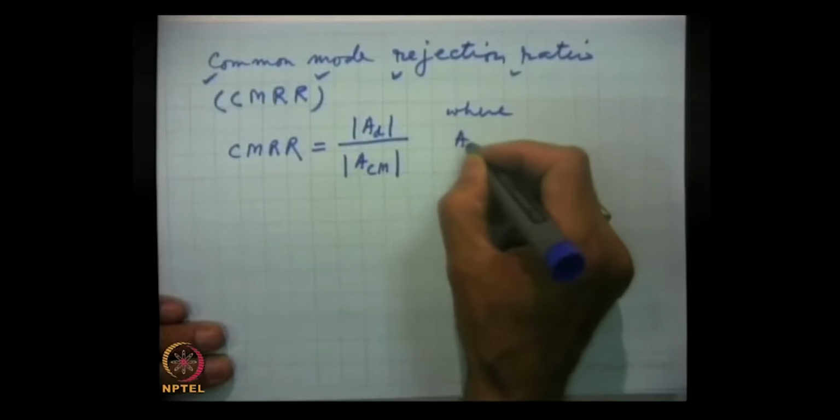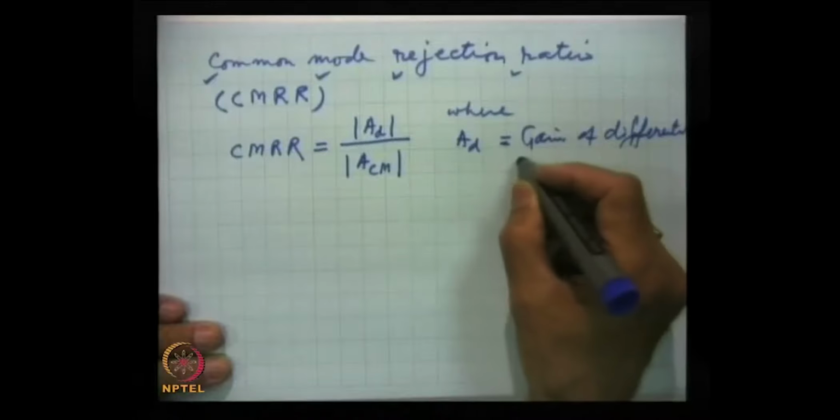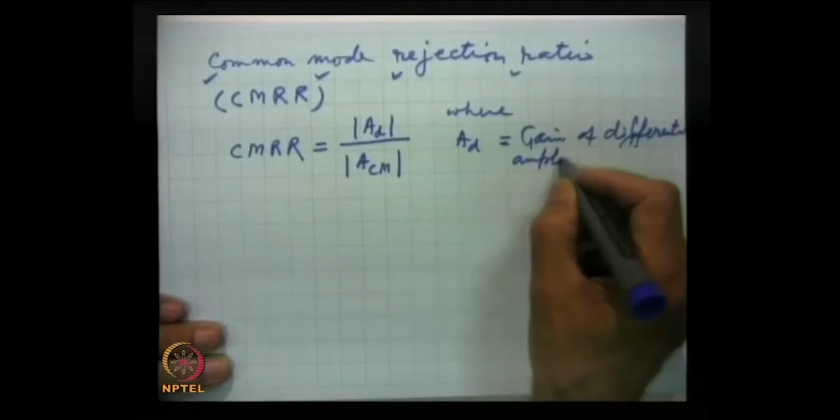AD is the differential gain, the gain of the differential amplifier in differential mode.